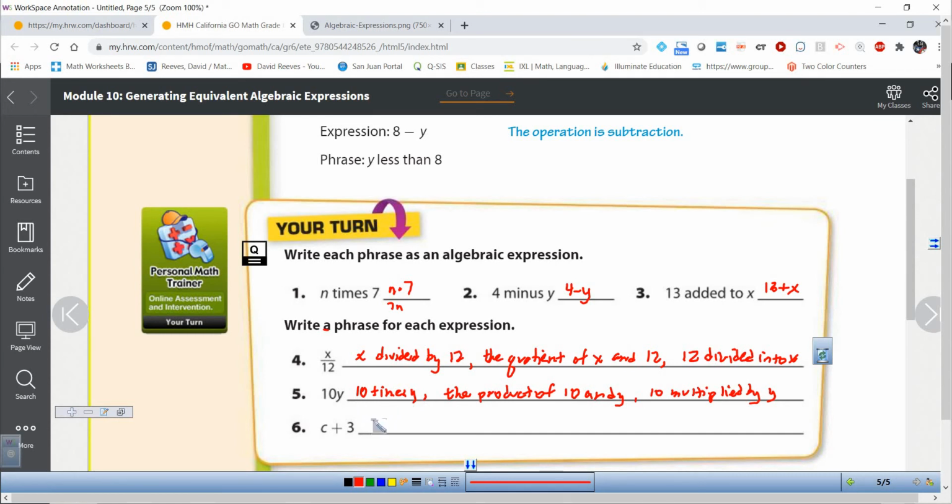All right, right here again, a lot of you might just say c plus 3. And that certainly would be okay. All right, what about c increased by 3? Or the sum of c and 3?